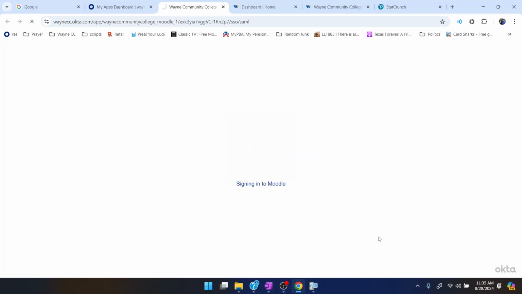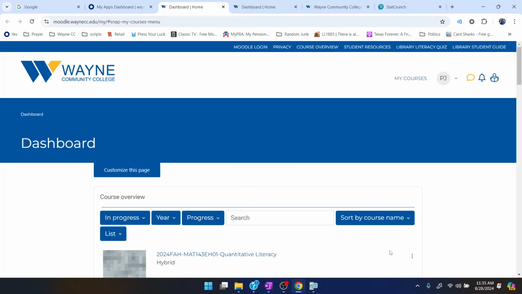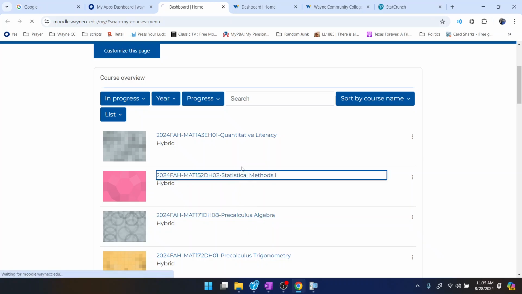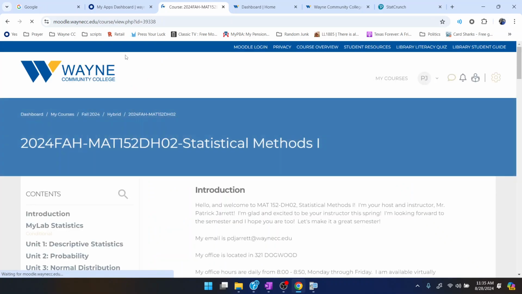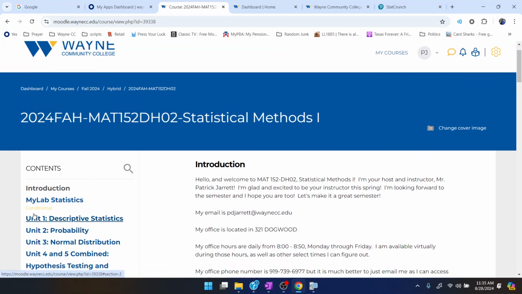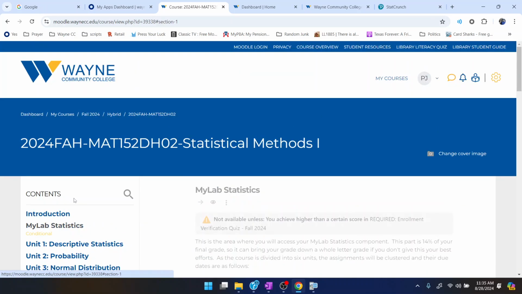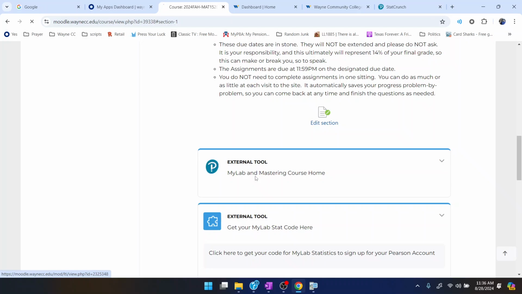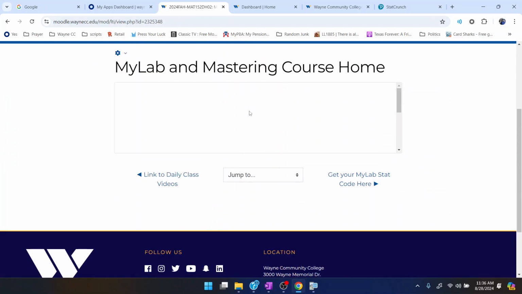And it's going to sign in, and the internet is slow. And I want 152, Statistical Methods 1. There is a Statistical Methods 2. We don't offer it here. I would love to offer that here. And we're going to go to my lab through Moodle.